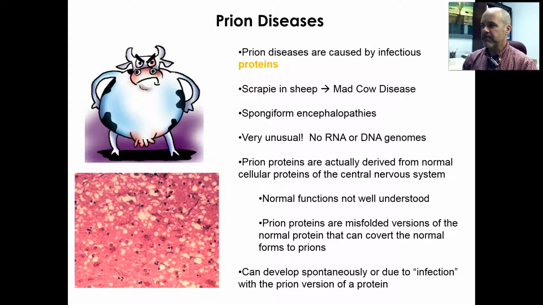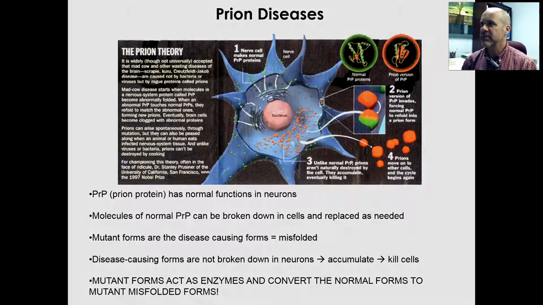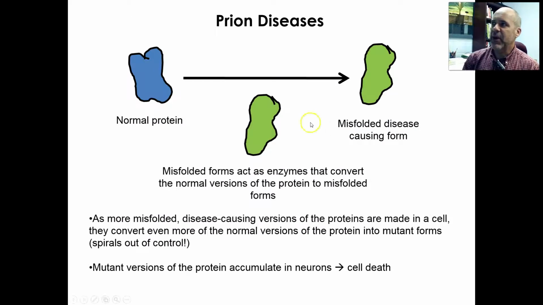And then the weird thing about prions, and this is how they actually are able to spread, is that the prion version of the protein is able to act as an enzyme and convert the normal version over to a prion version. So here's a simple way of looking at that.